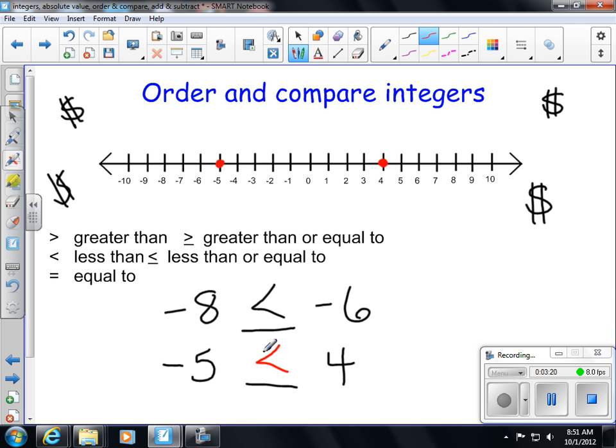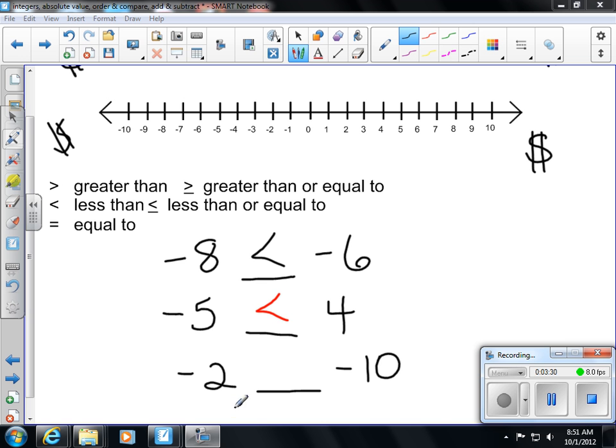Now, how do you read these symbols without looking with numbers in between? Remember, if it points to the left, it is less than. Let's try another one. All right, let's compare -2 to -10. Now, if you're kind of getting to the point where maybe you don't have to plot it on your number line, at least try to visualize where they go.